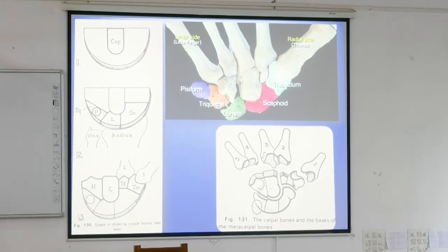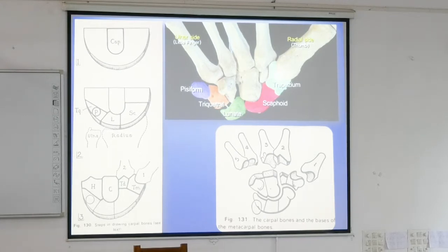Now, this is the skeleton. Here's the radial side, the thumb, the trapezium, scaphoid, lunate, triquetral, pisiform, the ulnar side. These are the carpal bones and their metacarpal bones are here.